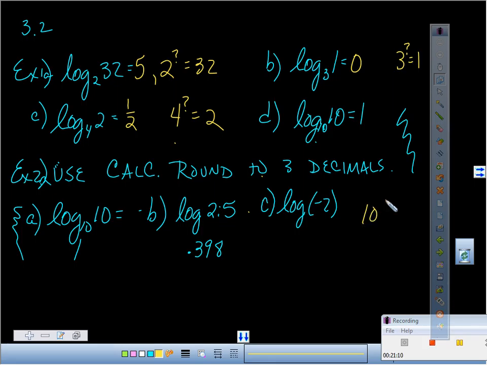So what power do I raise 10 to get a negative? People, you can't raise a positive number to any power and get a negative. I don't care if it's a -2 or a -200. You can't do it. That's why it's telling you an error. We're not going to write error. We're going to write not possible. That's that asymptote thing. That's exactly right. Well, it can't do that. That's for sure.